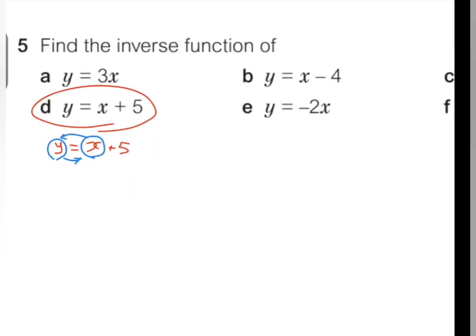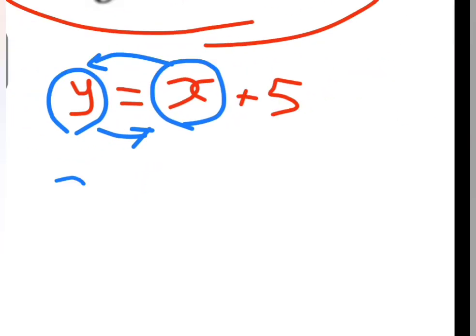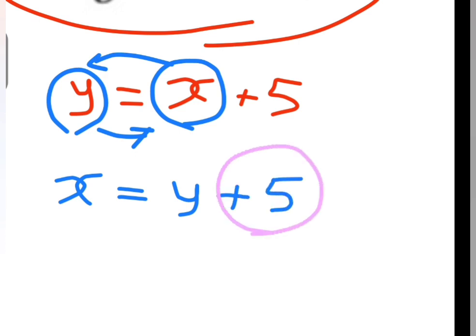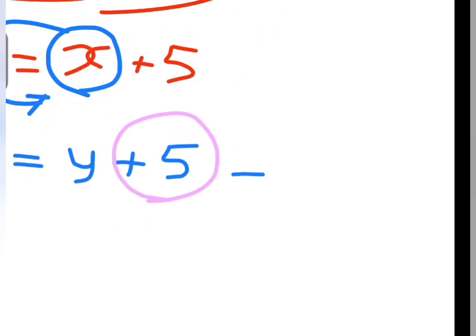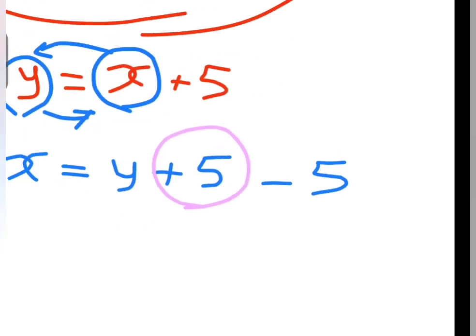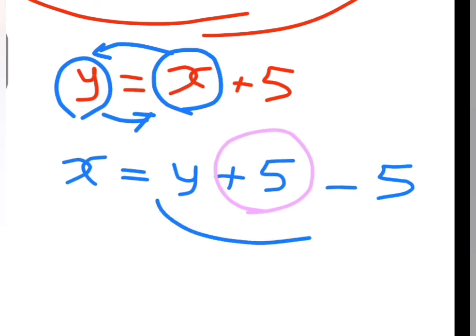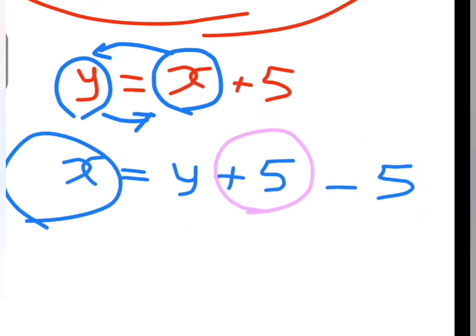So x, let's do it here. X equals y plus 5. Now, we have a plus 5 next to the y. We want to get rid of it. So we do the opposite to it. And the opposite of plus 5 is, very good, negative 5. And because we put negative 5 here, on this side, we have to do the same with the other side. So it's going to be x minus 5.